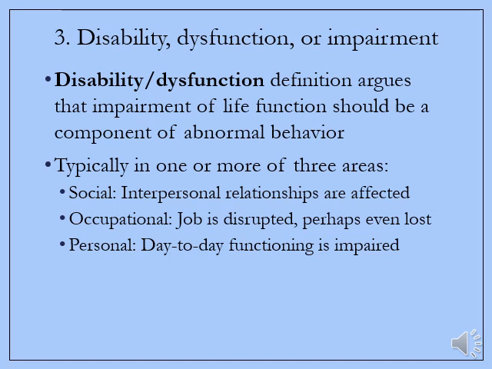And then personal impairment, and this is difficulty doing the day-to-day things that keep a person's life working. So, for example, somebody with depression may find it difficult to shower frequently or to do their laundry so they're not wearing clean clothes.